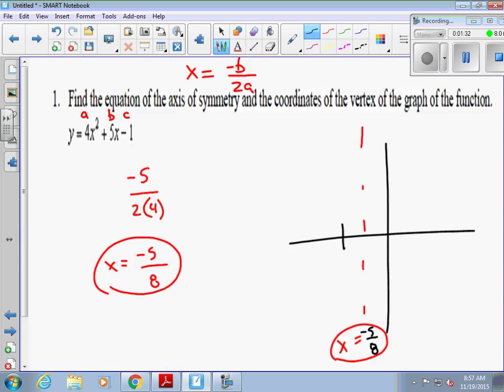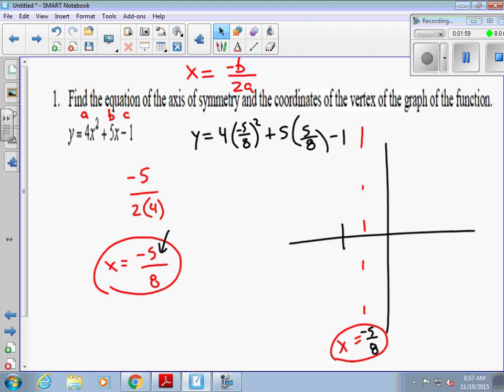The second bar tells you to find the coordinates of the vertex. So if we're graphing this quadratic, we would first find that axis of symmetry right there. Then we would find how high up or down its y value is. Y is going to be equal to 4 times our new value for x, negative 5 over 8 squared, plus 5 times that new value for x, negative 5 over 8, minus 1.